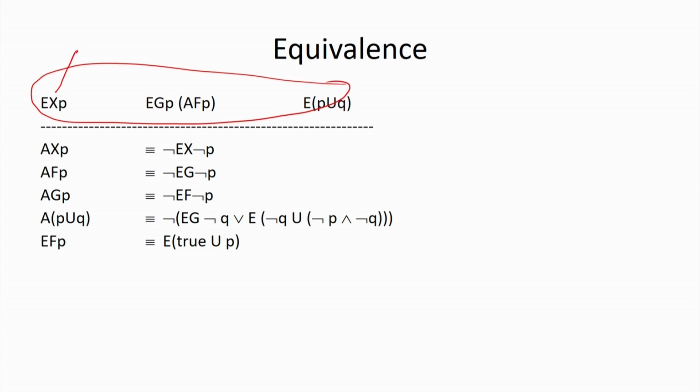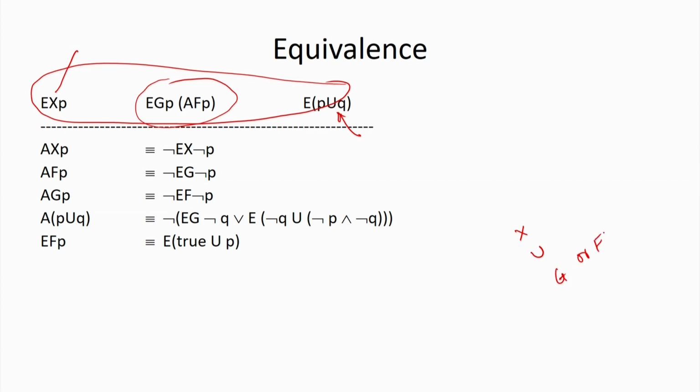Here X we cannot avoid, because A X can be expressed with E X. Then for until, we can take both until, as we have already said, or we can take one until, say E p until q. Then one of the operators I have to take from either F or G. So, we need one next state operator, we need one until operator, and we need any one of the global operator or F operator.